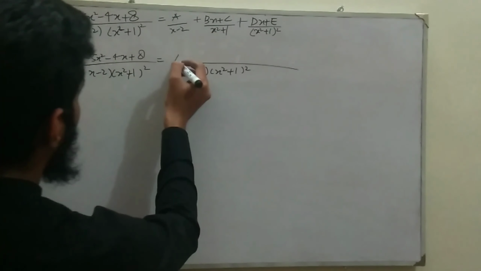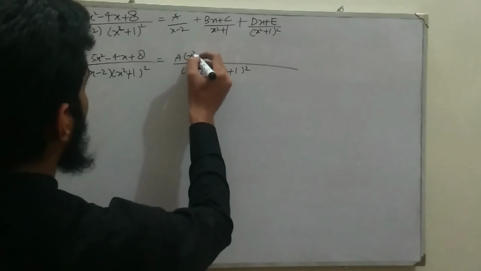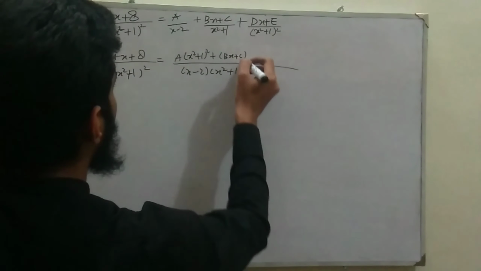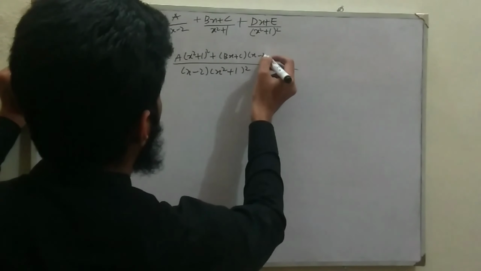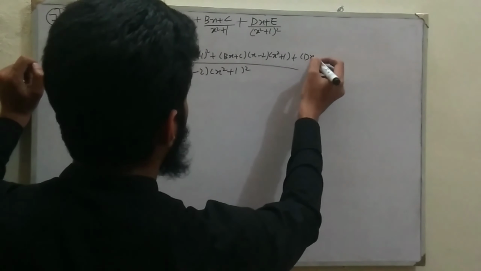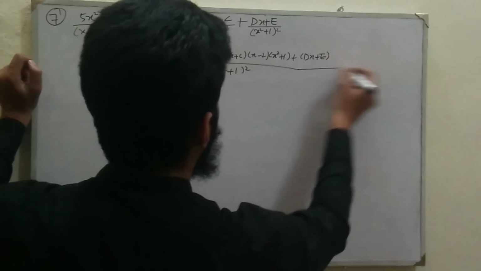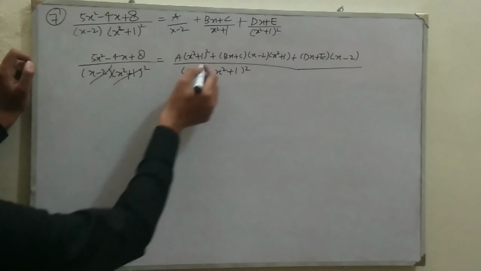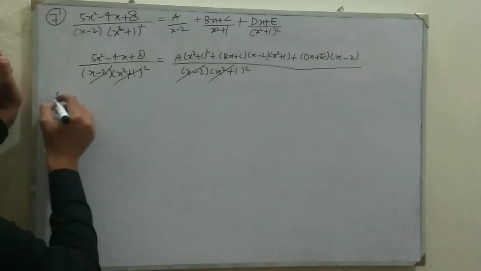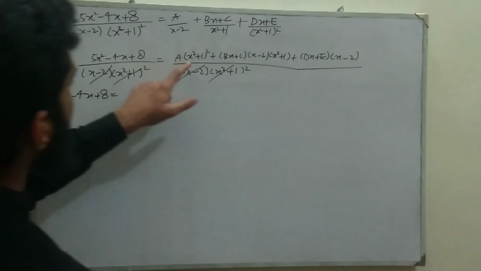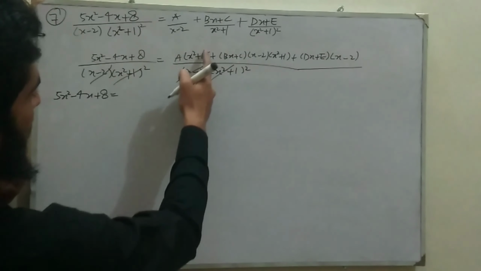So a multiplied by x square plus 1 whole square, and plus bx plus c multiplied by x minus 2 and x square plus 1, and plus dx plus e multiplied by x minus 2. Cancelling x minus 2 times x square plus 1 whole square on both sides, on this side we are left with 5x square minus 4x plus 8 is equal to a times x square plus 1 whole square, the a plus b whole square formula we use.